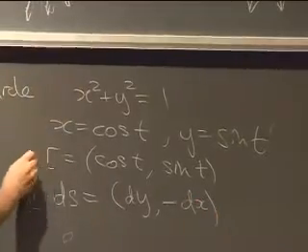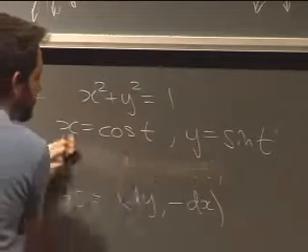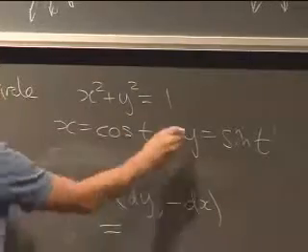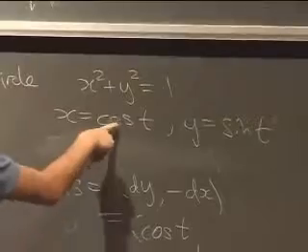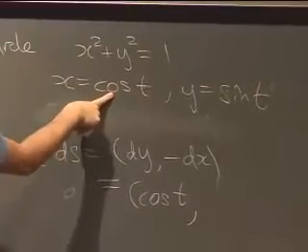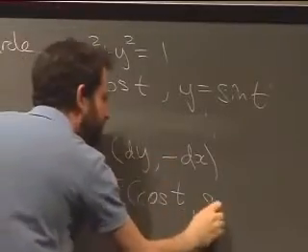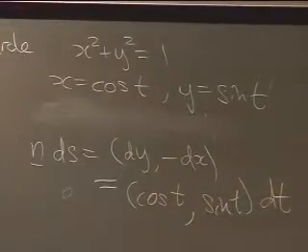So you actually don't even need this line here. I'm going to erase this because that's good for the dr integral. But n ds, by what I said, is dy comma minus dx, which is dy is cosine t, and minus dx, well, if you differentiate cosine t, rather, sine t, you get minus sine t, but there's an extra minus, so you'll just get sine t dt. So that's your n ds.